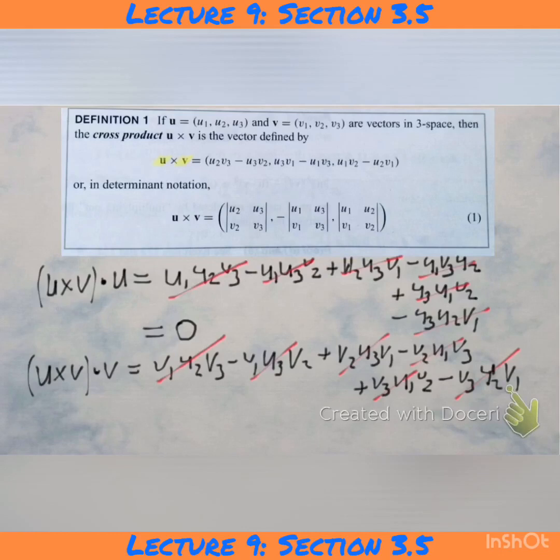So that means that the cross product between two vectors is always orthogonal to both the vectors in my cross product. And that is very useful, as we will see with the next example.